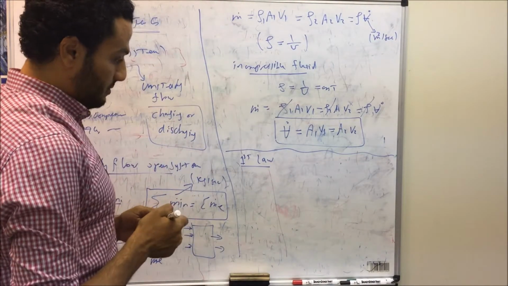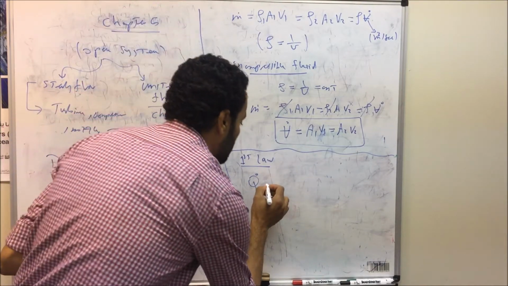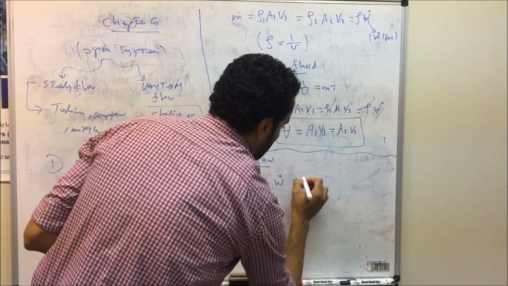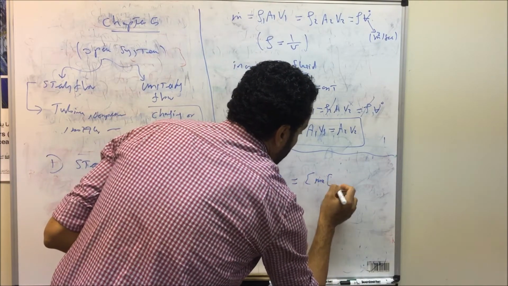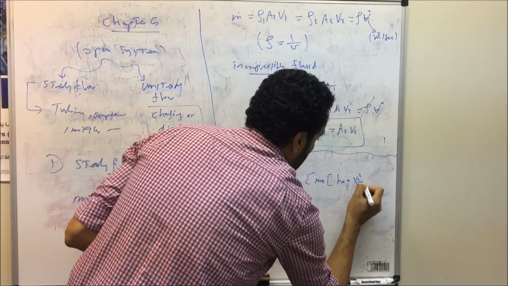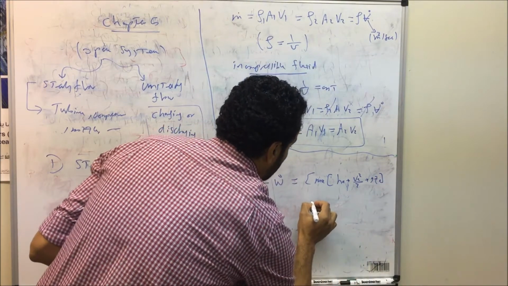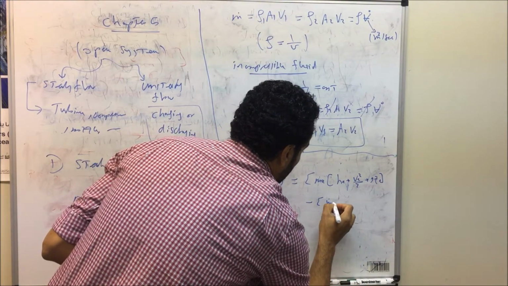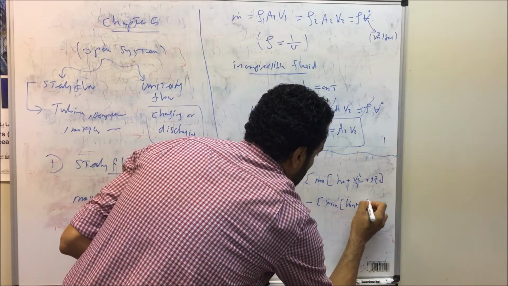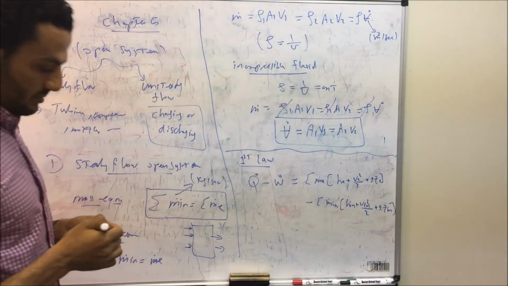Here also, I will not go through where this equation is reduced from; I will just write it down. The rate of heat transfer minus the rate of work transfer is equal to the summation of m dot exit multiplied by h exit plus V exit squared divided by 2 plus g multiplied by z exit, minus the summation of m dot inlet multiplied by h inlet plus V inlet squared divided by 2 plus g multiplied by z inlet.